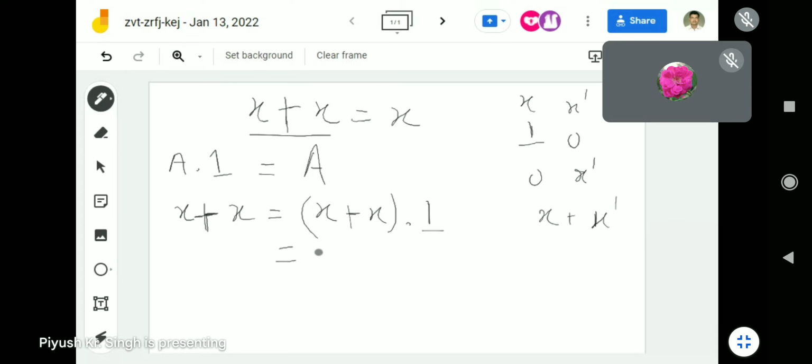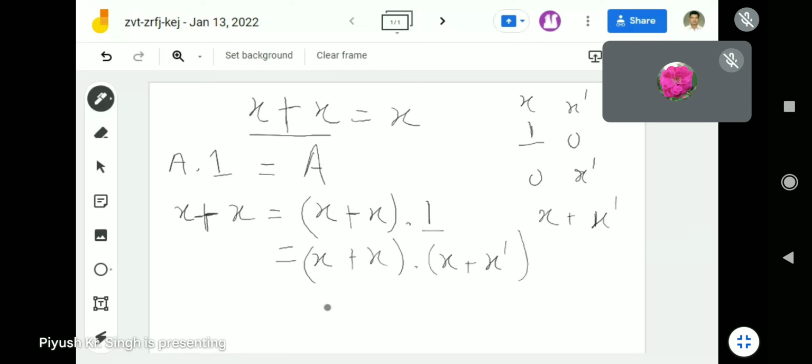So we can write here x plus x is equal to x into x plus x bar. Just expand it. We know there is a distributive law, which says a plus b into a plus c is equal to a plus bc.